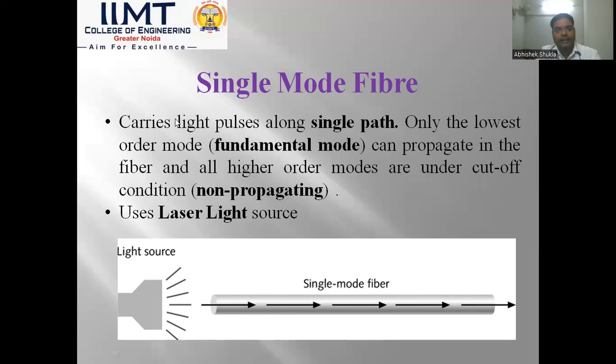It carries light pulses along a single path. Only the lowest order fundamental mode can propagate in the fiber, and all higher modes are under cutoff condition, that is, non-propagating. It uses basically laser light.